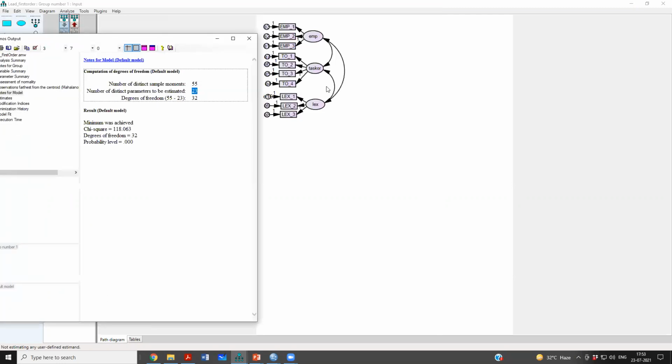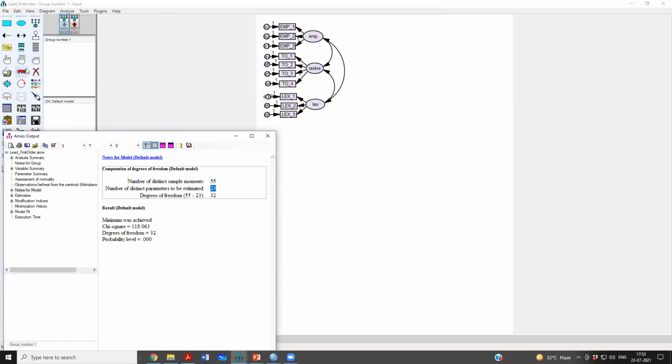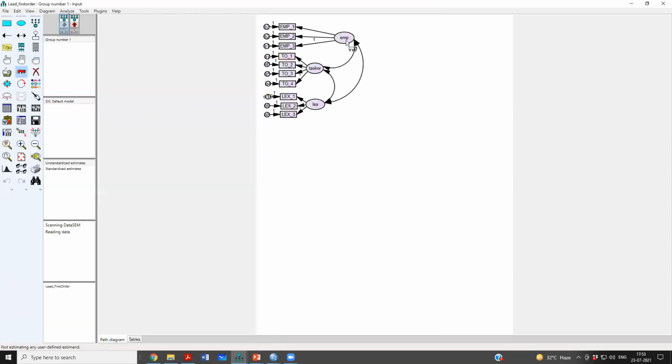We get it by the number of factor loadings. What is the number of factor loadings here? In this factor there are 2 loadings. Similarly, in this factor there are 3 loadings. One loading is tied to 1, and then in this factor there are 2 loadings. So there are 2 plus 3, 5, plus 2, 7 loadings.